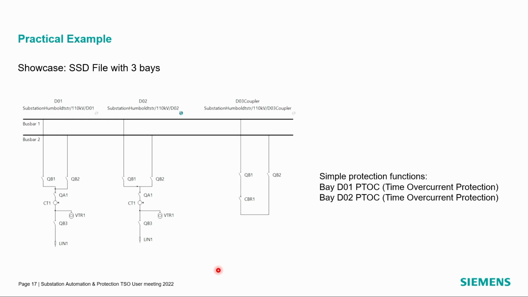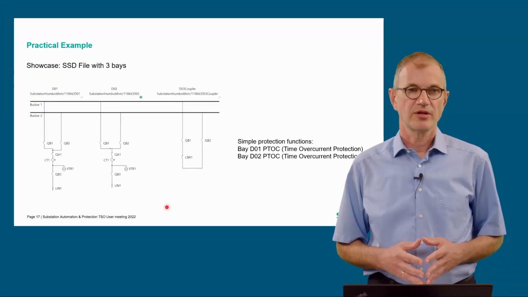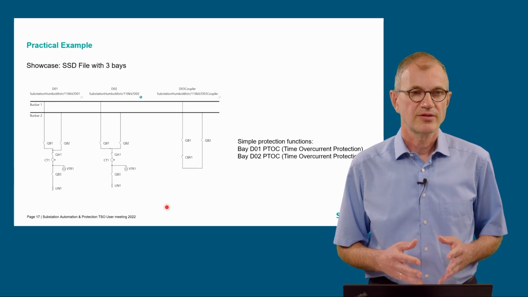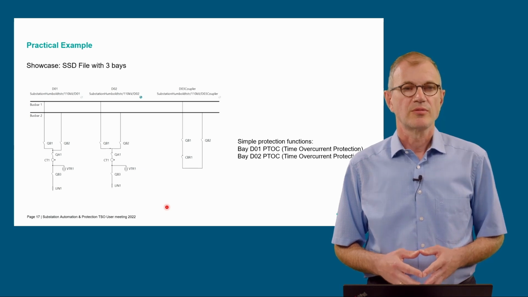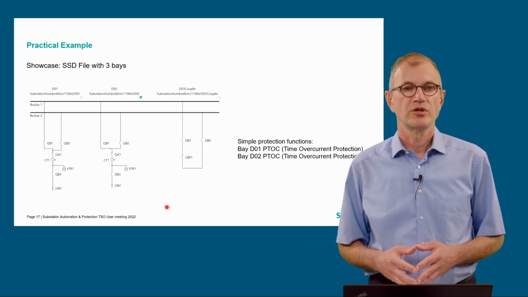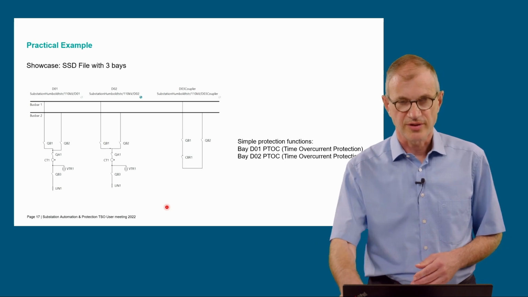This is my suggestion here. So you can see the difference between using an ICD file from DIGSI on the one hand side and using the library content from the SCT tool, in this case manufactured by Helix. It may be different if you use a different tool.